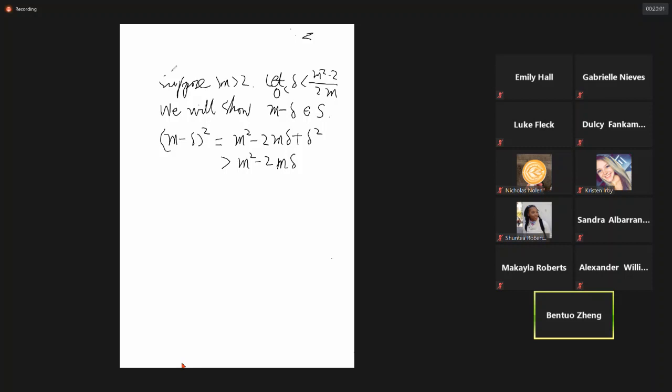And since delta is less than M squared minus 2 over 2M, this quantity is greater than M squared minus 2M times M squared minus 2 over 2M.